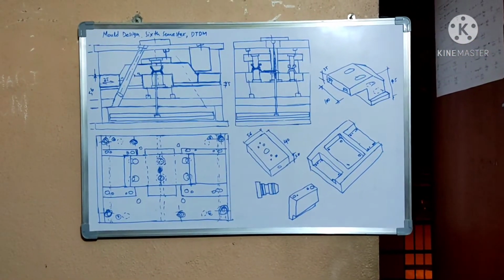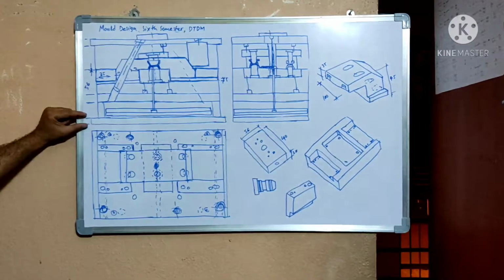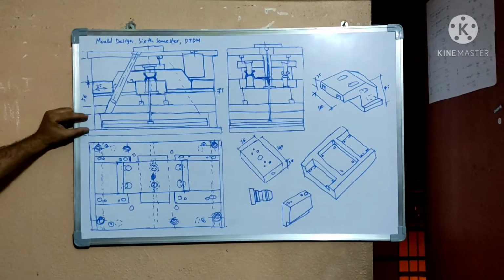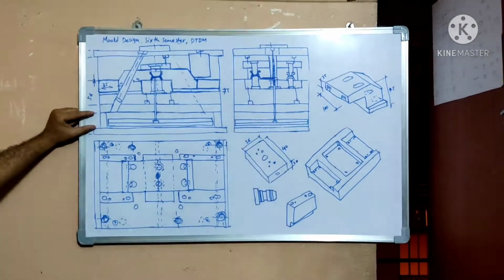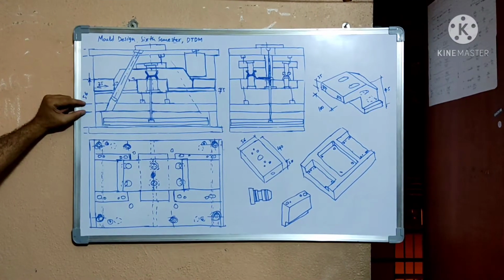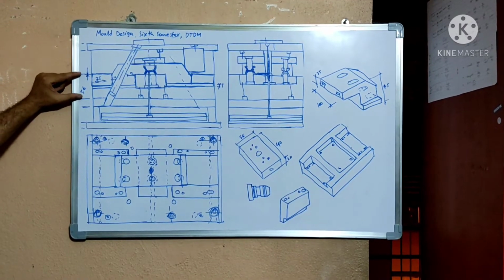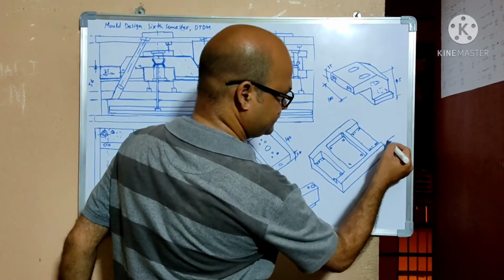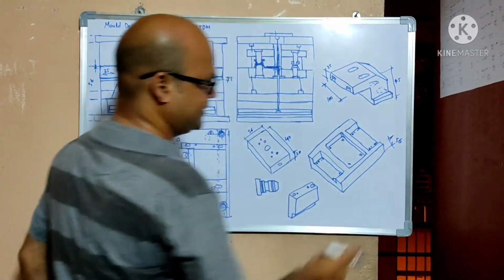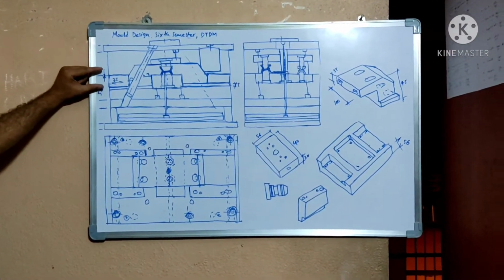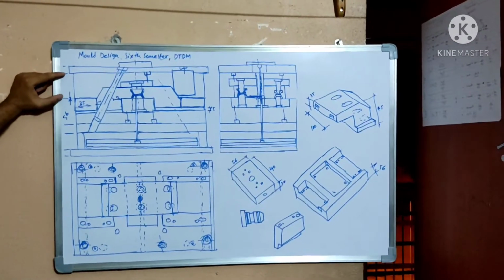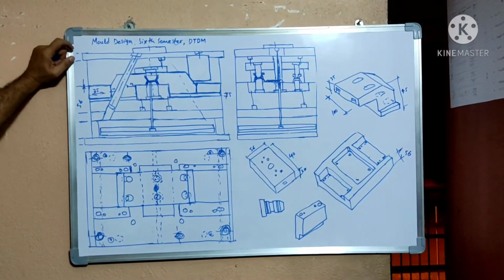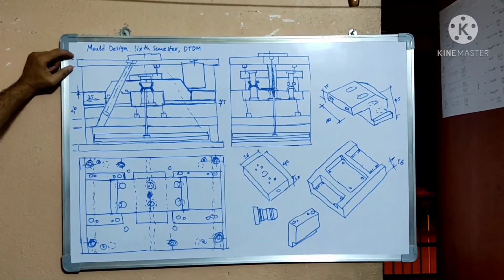In continuation, the plate thicknesses are: bottom plate thickness is 27 mm, spacer is 50 mm, back plate is 22 mm, the core housing plate is 56 mm, and the cavity housing plate is also 56 mm, and the top plate thickness is 22 mm.